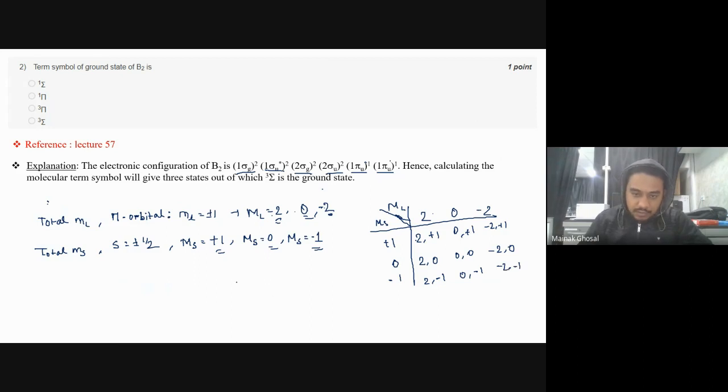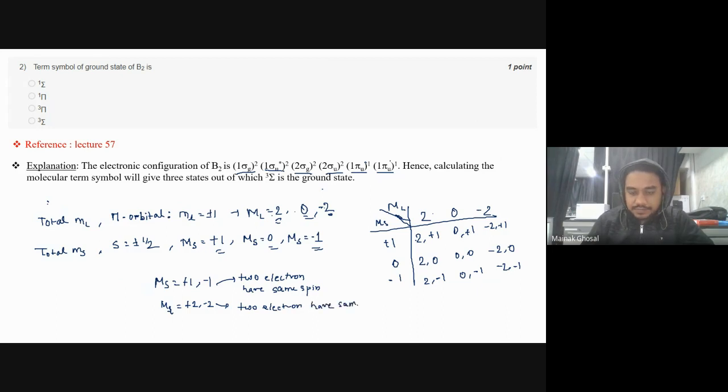Now you just understand that ms equal to plus 1 or minus 1 means two electrons have the same spin, and ml equal to plus 2 or minus 2 means two electrons have the same ml.